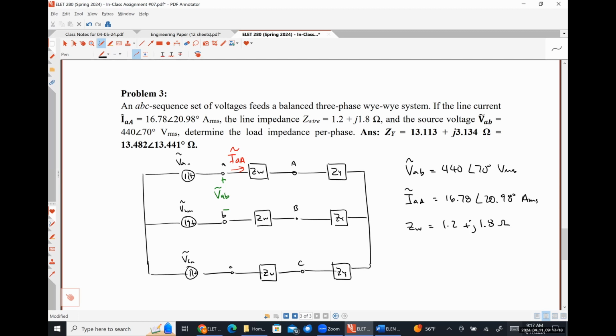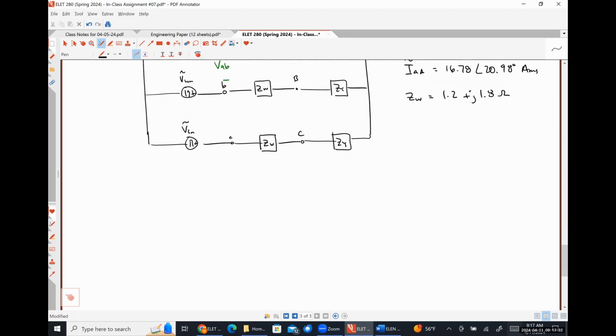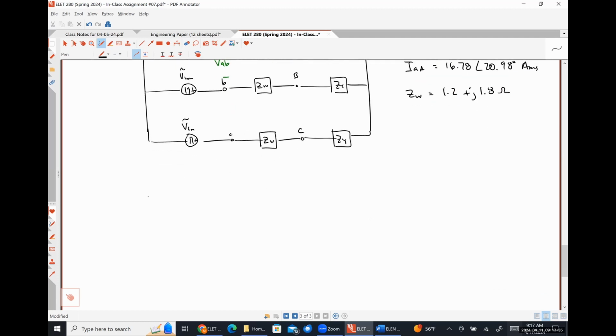So we are still going to use our single phase equivalent circuit here, but now it's going to take a little bit of effort for us to construct it because we weren't given all of the information that we have been. Okay. So our single phase equivalent circuit should look something like this. Here's our voltage VAN.